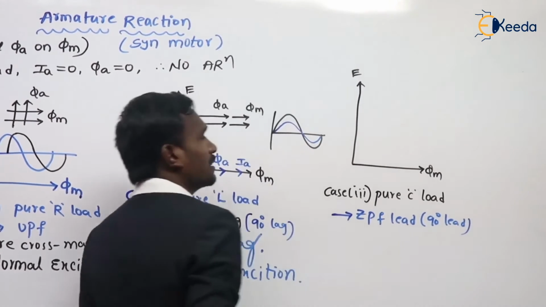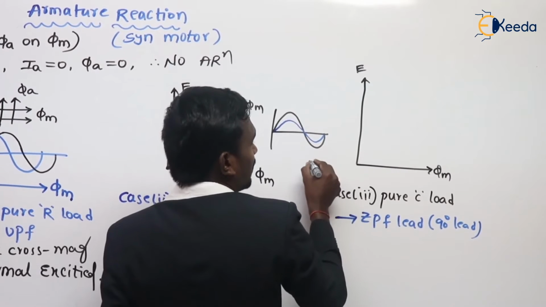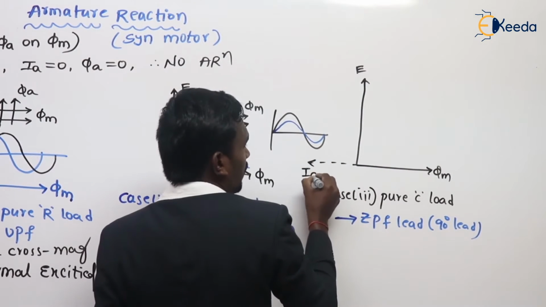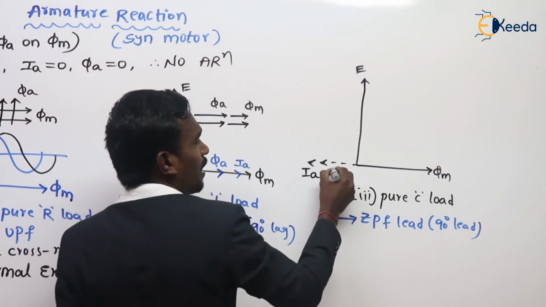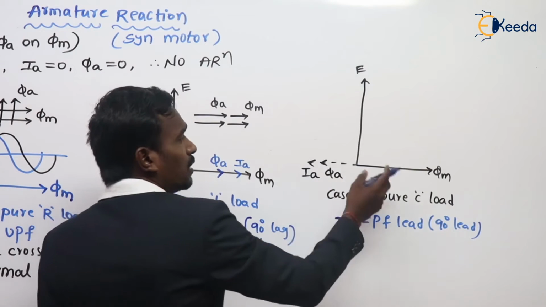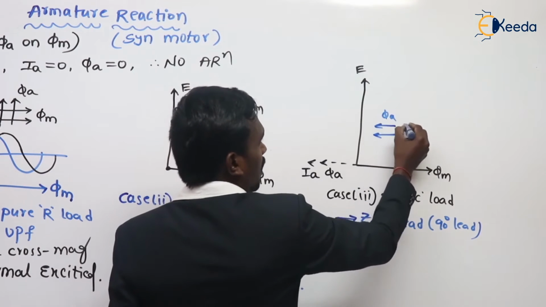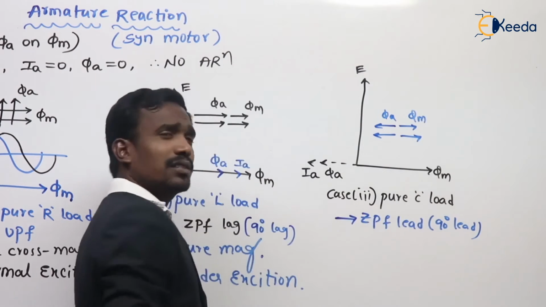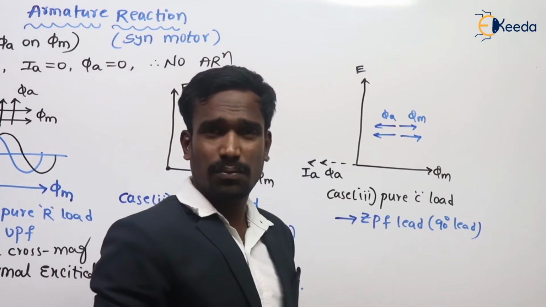This is my EMF, and 90 degrees leading is my armature current, as well as my armature flux. Observe here: this is the direction of armature flux and this is the direction of main field flux. Here the two fluxes are in opposite directions.